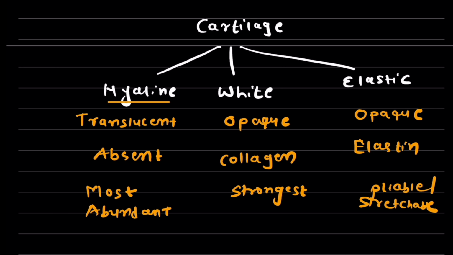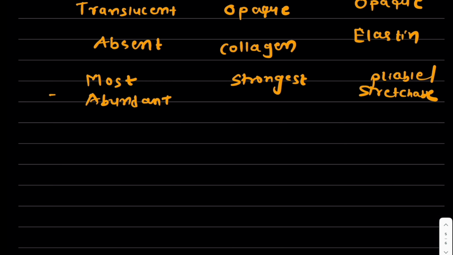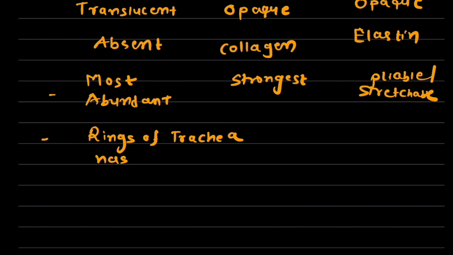What is the location of hyaline cartilage? Where is it found? Rings of trachea, nasal septum, larynx, costal cartilage.